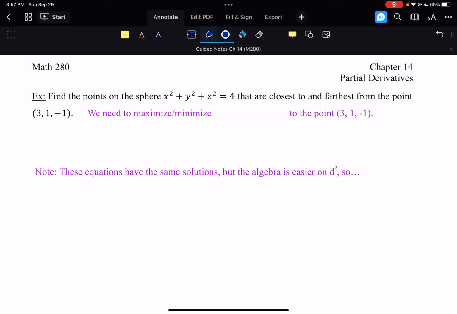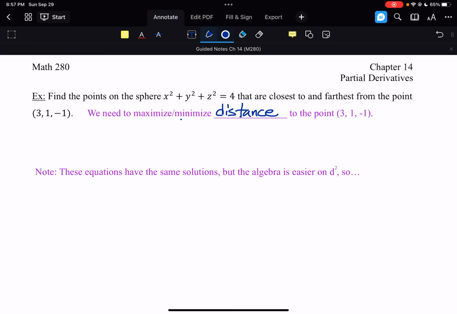So when we say that we want to find the points closest to and farthest from this point, we didn't specifically state maximum and minimum in this problem, but it's implied. What we are trying to maximize and minimize is the distance to the point (3, 1, -1).